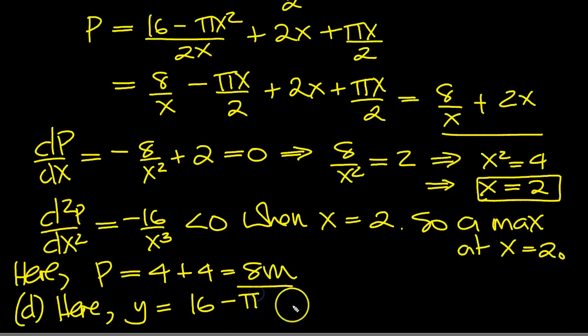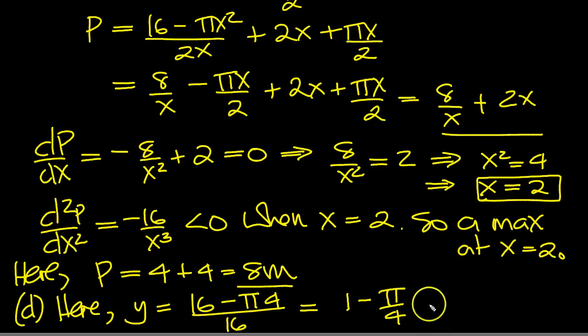Pi times x squared, which is 2 squared, which is 4, over 8x, which is 8 times 2, which is 16. So that is 1 minus pi over 4 meters. And there's the distance there.